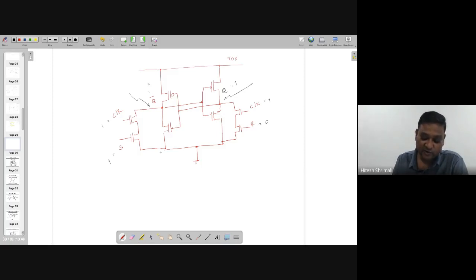Those propagation delays are in the form of the propagation delay of this inverter, and of course the propagation delay going from input to output side, right? So in this particular structure, if R equals 0 and S equals 1, this is what is going to happen, and Q bar will become 0.